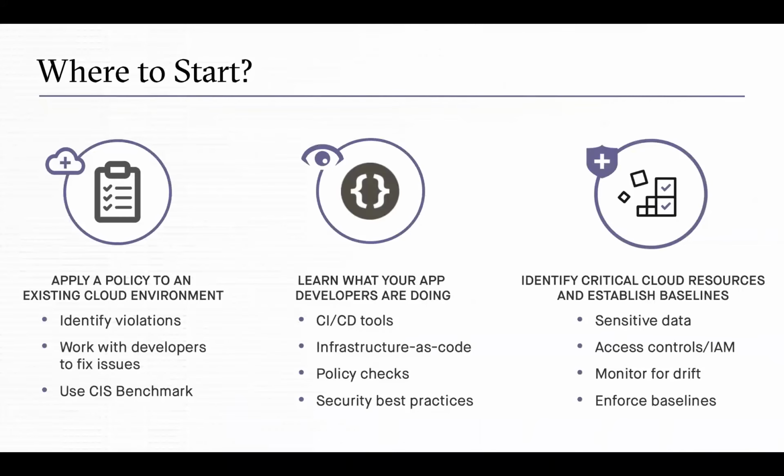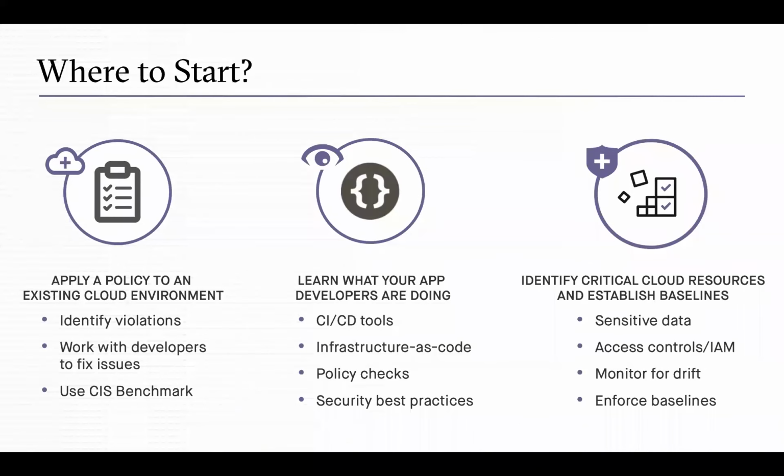So where to start? There are 3 places you can start, and you can kind of do these all at the same time. Often people start on the left and kind of go to the right, but you can parallel track these. So if you're here at this webinar and you're interested in this topic, you probably have brownfield deployment in cloud. You probably have things you've already made. So the first thing to do, perhaps, is choose your policies.